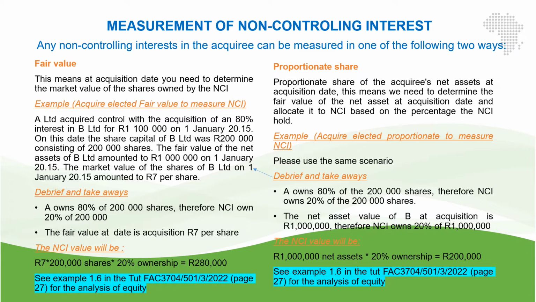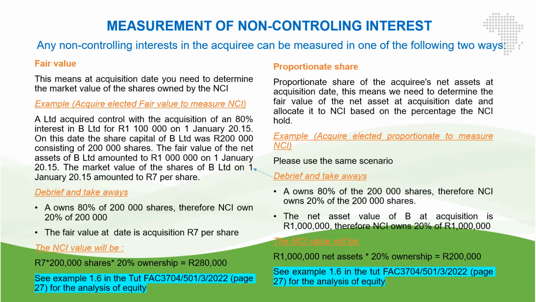For those who prefer the analysis of owners' equity, you can look at page 27, example 1.6, which is laid out nicely there. Moving to the next bit, which is proportionate share.